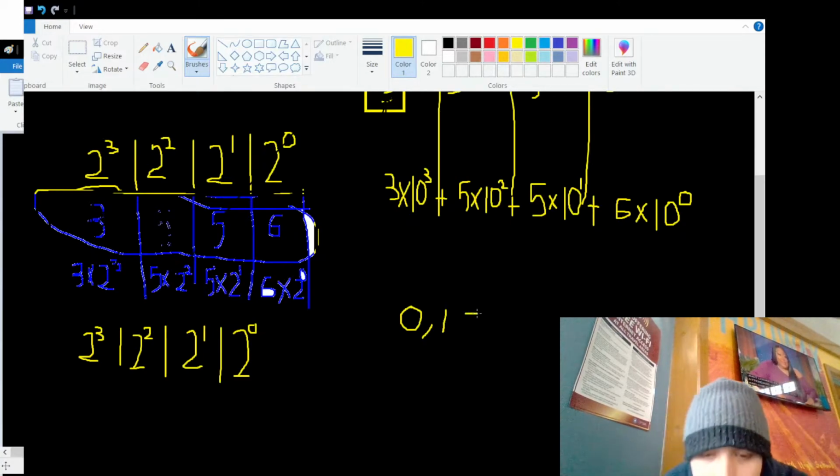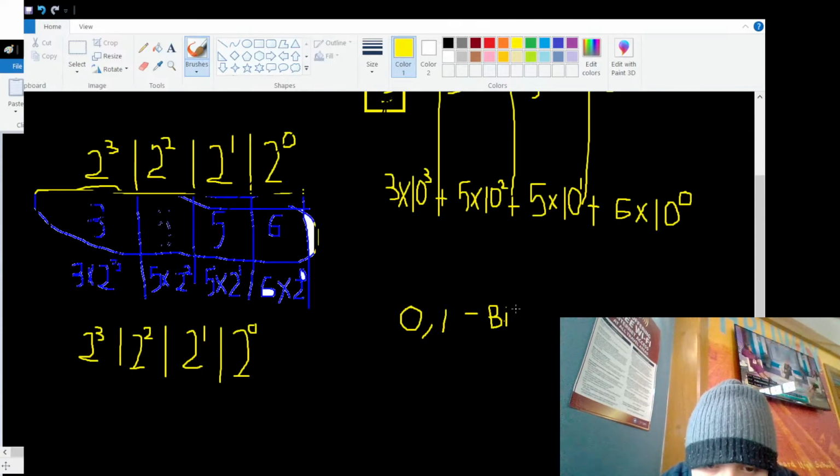This is what the binary system is based off of.